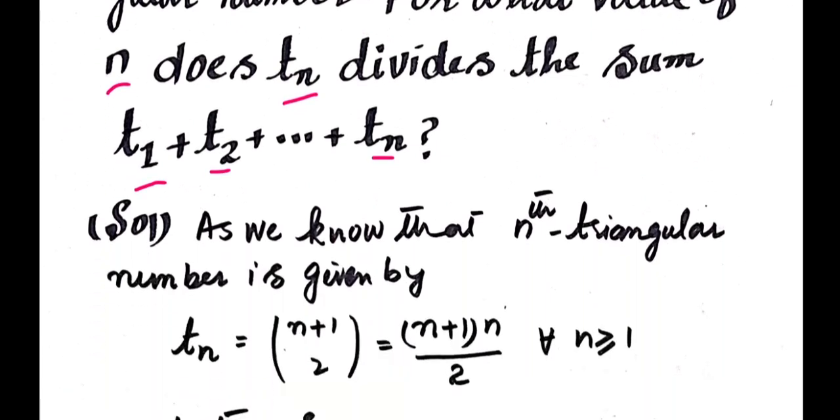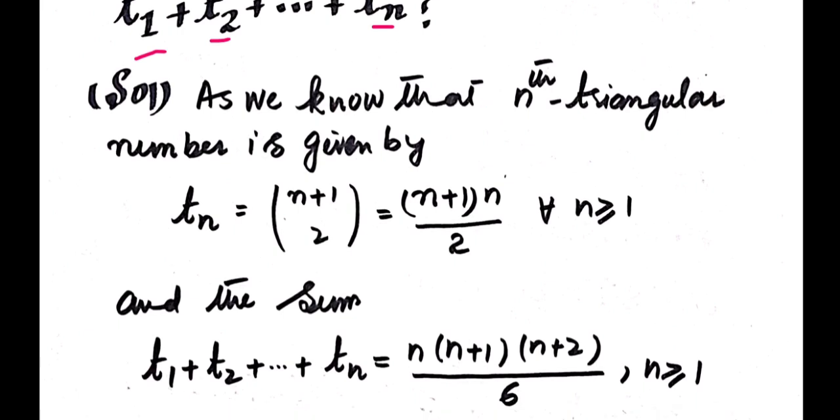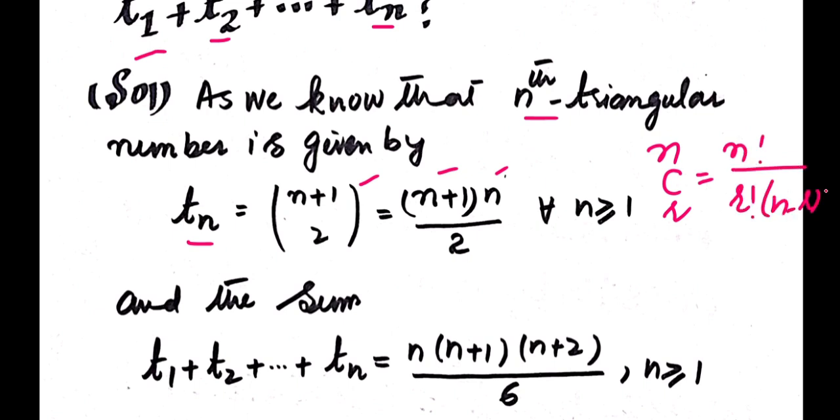So what is the formula of the nth triangular number? As we know, the nth triangular number is given by Tn is equal to n plus 1 combination 2, that can be written as n plus 1 into n over 2 by using the rule of combination nCr, which is equal to n factorial over r factorial into n minus r factorial.